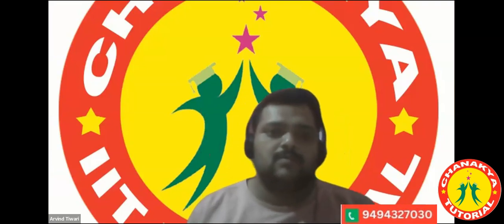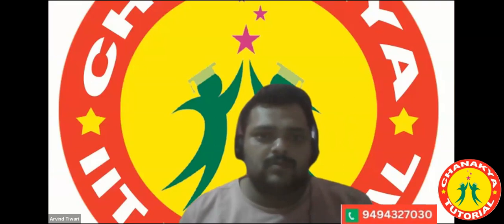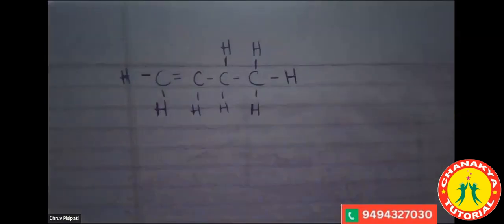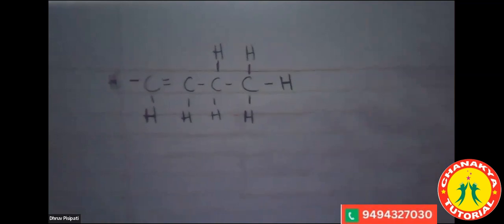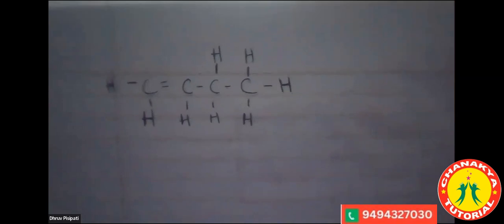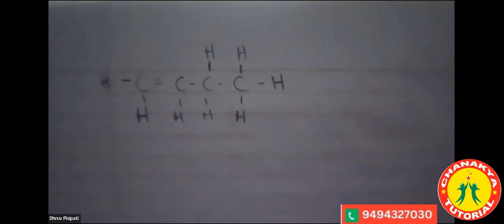Okay, Dhruv. You also. Okay, Dhruv. It's okay. See, while making the bonds, you must count the number of bonds on each carbon atom.